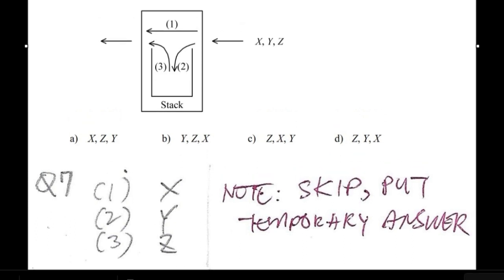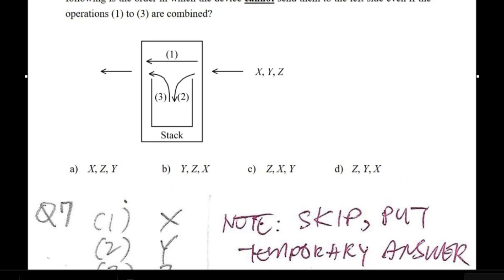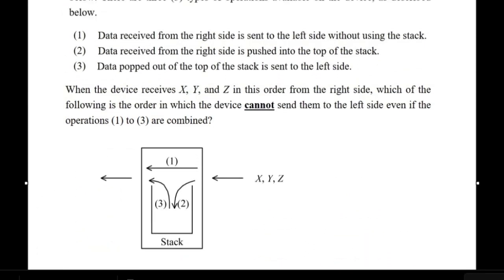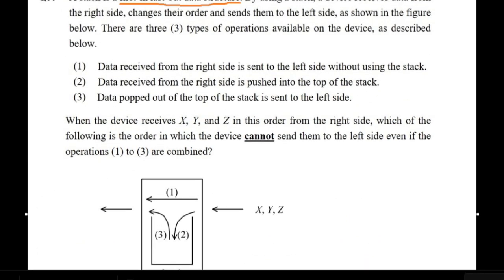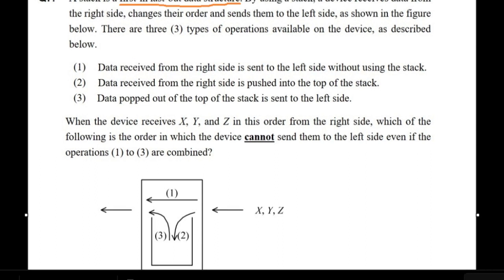But if we attempt to understand what this question is asking us, I put here some of my notes too. And I think the part here about the operations is something that we need to take note of.